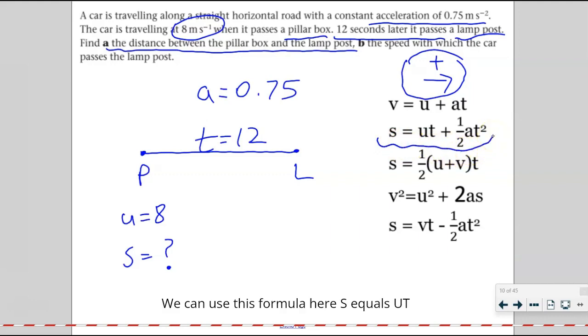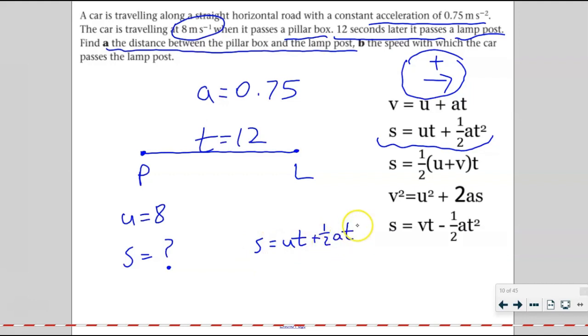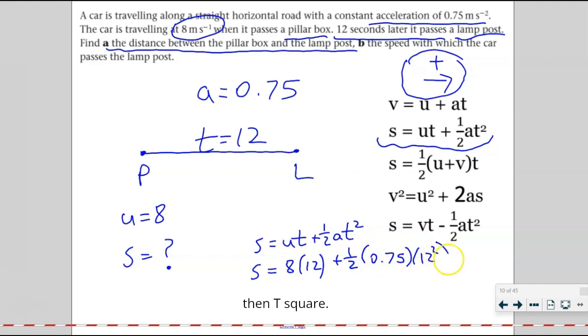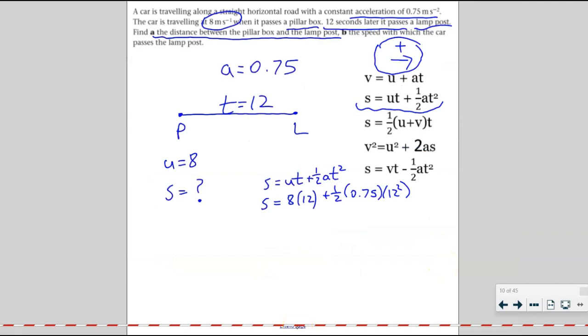So a, t, u, and s, we can use this formula here, s equals ut plus half at squared. Let's write that here. Once you've written that, you substitute your values. Now s is missing, so keep that as s. u is 8 and t is 12, plus half, a is 0.75 and then t squared.